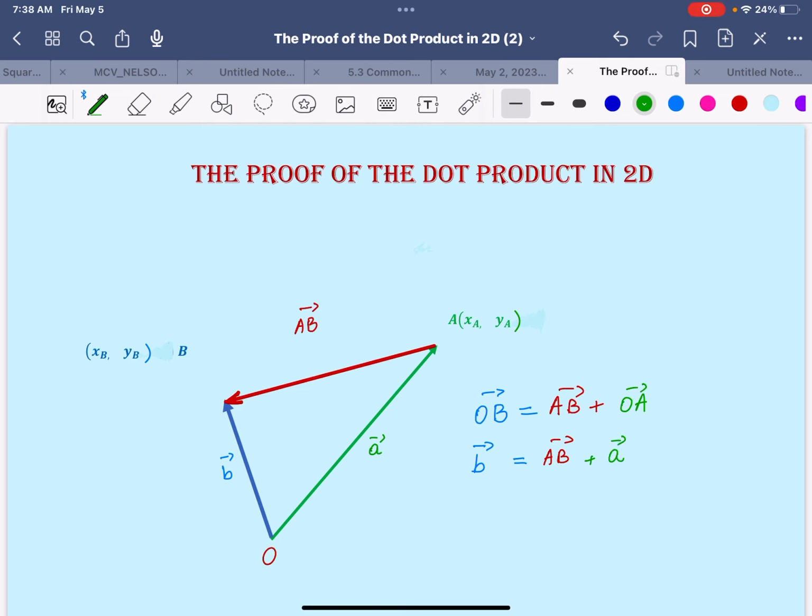So we'll express vector AB in terms of b and a, and that means that vector AB is, as a matter of fact, equal to b minus a. You can see that, right? Because all we're doing here is isolating AB, which means a is going to the other side.